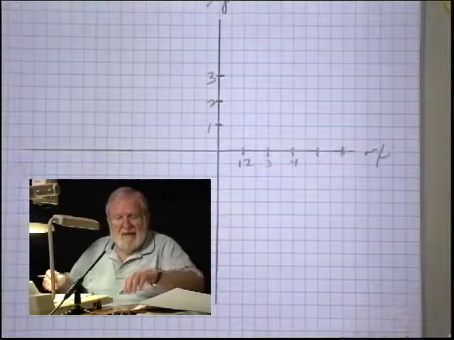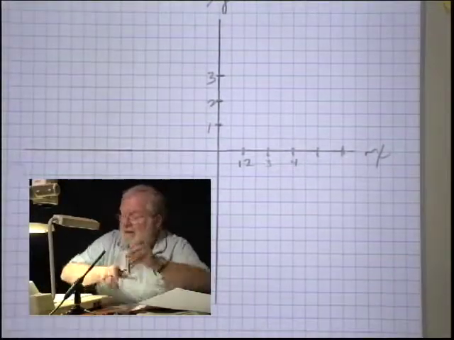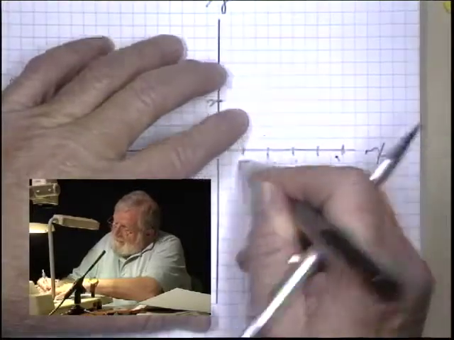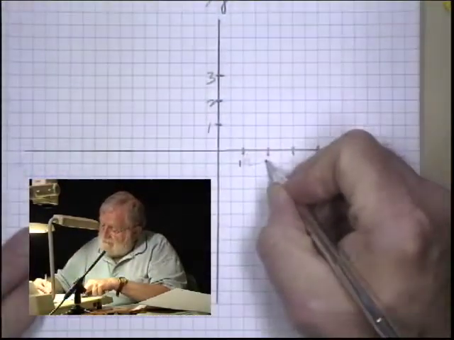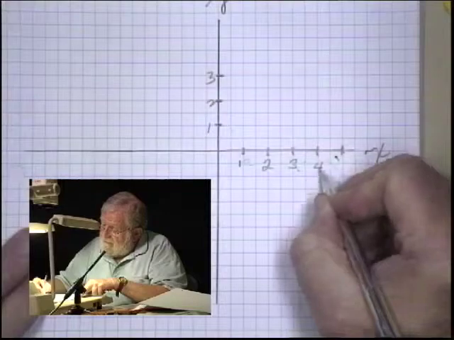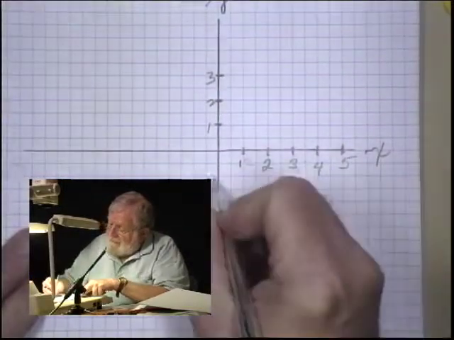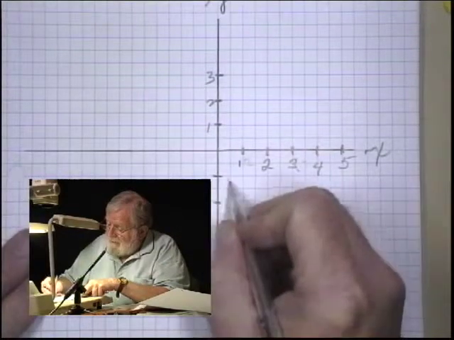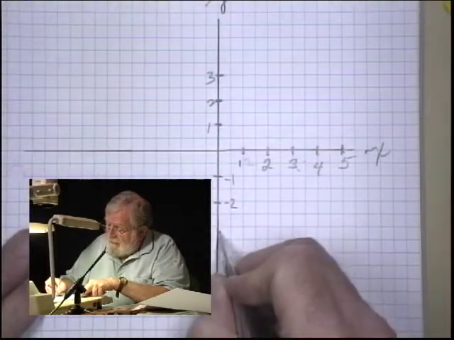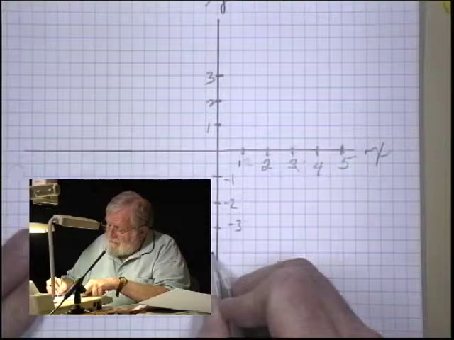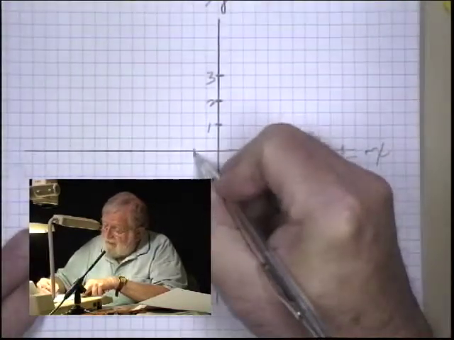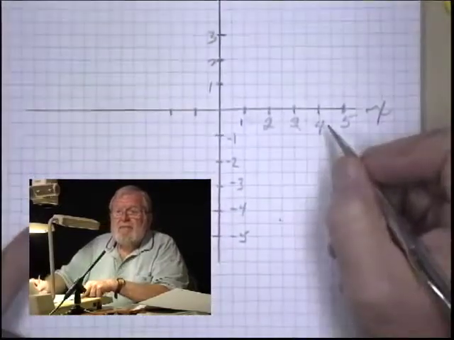Whoops, I can't even number a graph today. This would be 1, 2, 3, 4, and 5. And then on our negative on the y would be a negative 1, negative 2, minus 3, minus 4, minus 5, and the same on the x up here.